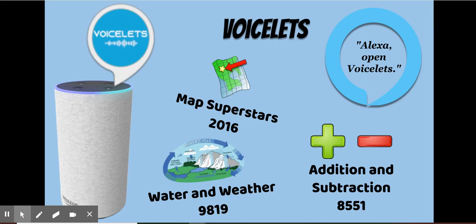Alexa, open Voicelets. Hi, welcome back. Do you want to resume Quiz Map Superstars? No. Welcome to Voicelets. Please state your 4-digit Voicelets ID. 2016. Welcome to Mrs. Donoff's Map Superstars Voicelet.